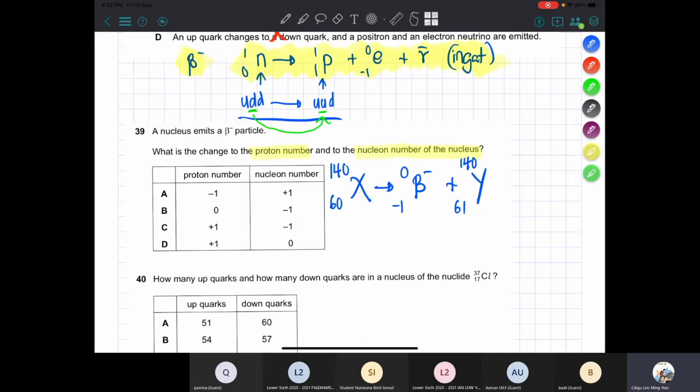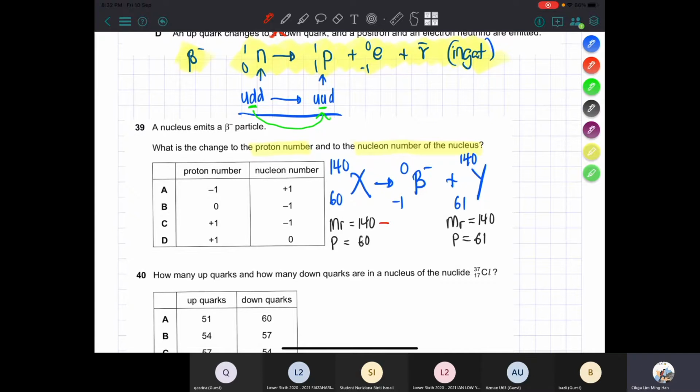So I do a quick calculation of the nucleon number. Nucleon number is the mass number, betul? Yeah. So the mass number here is 140, and the proton number here is 60, and here is 61.